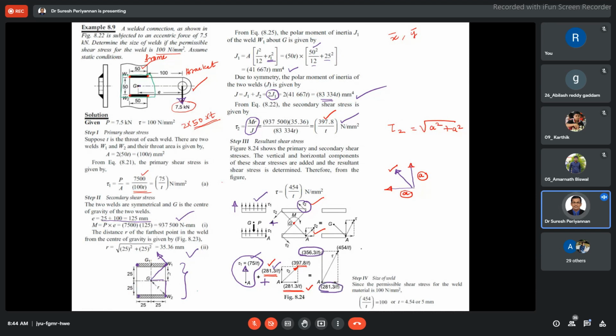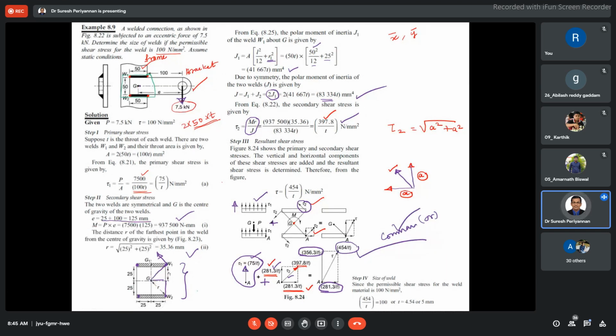Now go for finding our total resultant. Finding the common resultant shear. This resultant shear is with respect to tau 2. Now this is our required common resultant shear, or total resultant shear. This is a perfect word.